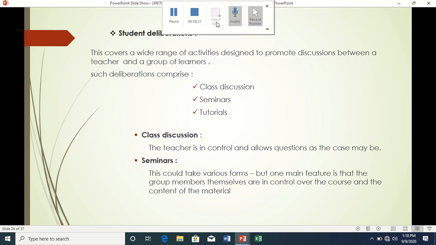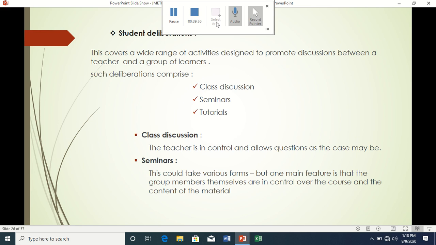Now, such student deliberation can comprise a whole class discussion or a seminar that the teacher has organized, and then tutorials. What is a class discussion? The teacher here is in control and allows questions as the case may be concerning a topic, a whole class.